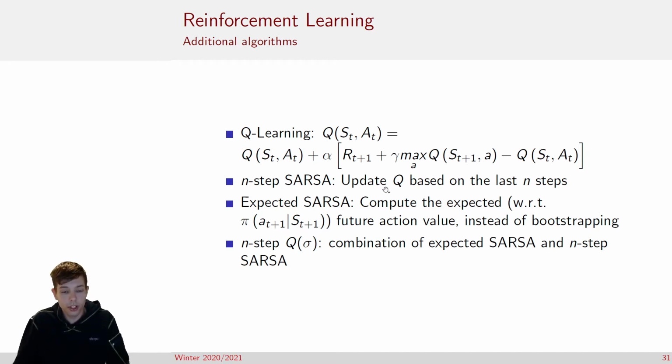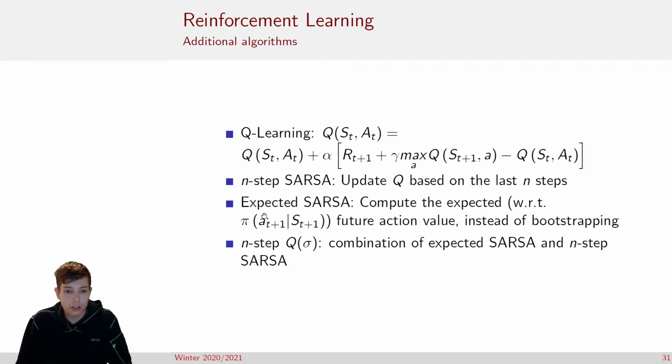We could also do this not with a single step ahead, but we could go for 2, 3, 4 steps ahead, and then base our update not on R plus the discounted value function minus the current value function, but on the reward plus the discounted reward the next day, plus the twice discounted reward the day after that, plus the 3 times discounted remaining value function minus the current value function. This might be a little more stable, again also depending on the current setting and scenario we are in.